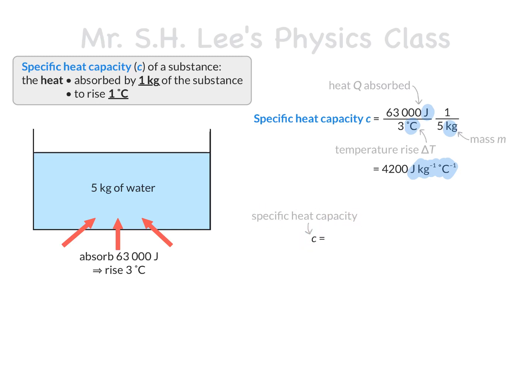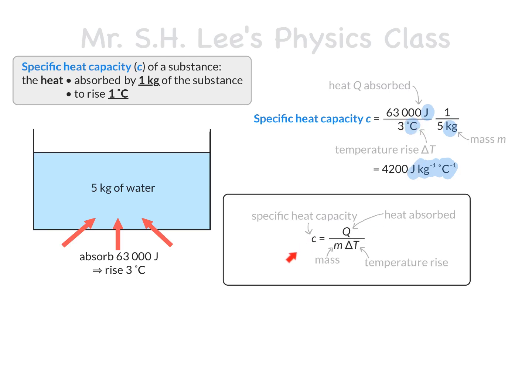We found c by dividing the heat Q absorbed by its mass m, and then further by the temperature rise delta T. So this is the expression for the specific heat capacity c of a substance. Once again, their units are joule for heat Q, kg for mass m, degrees Celsius for delta T, and naturally that for the specific heat capacity c is joule per kg per degree Celsius.